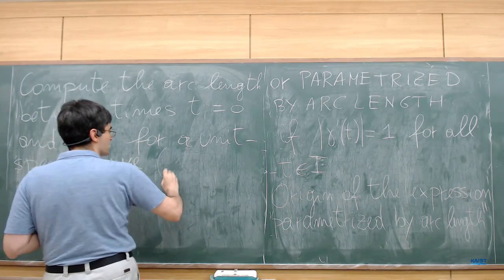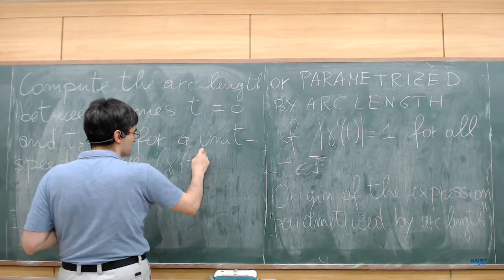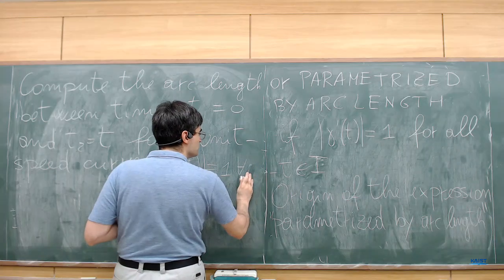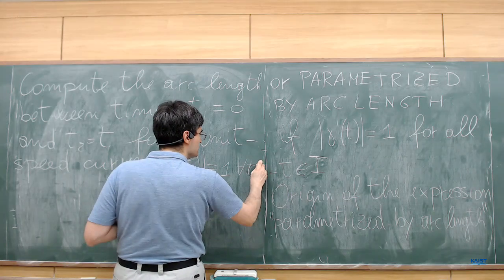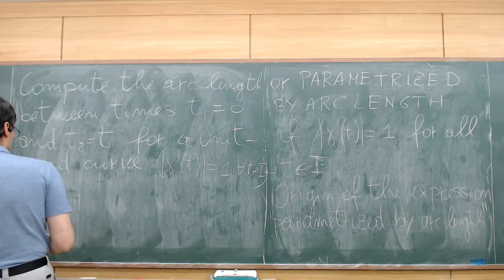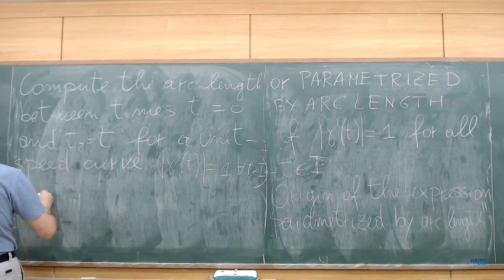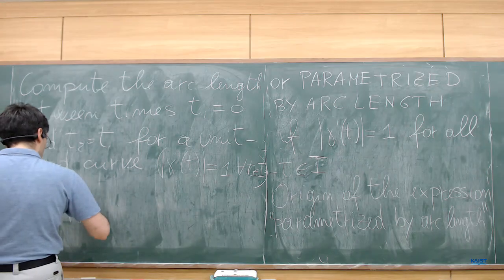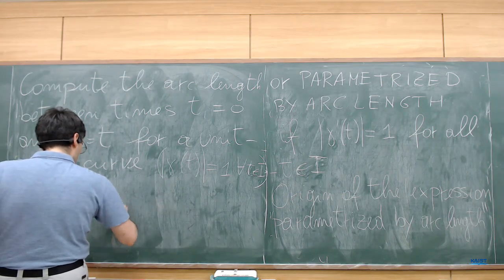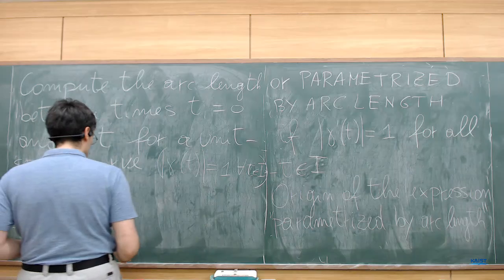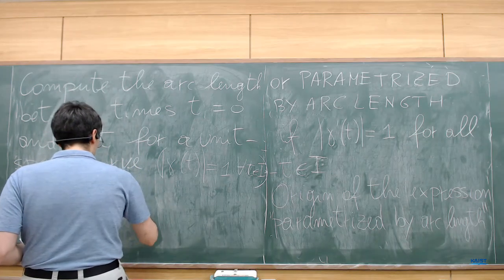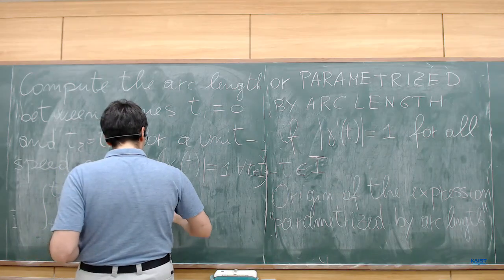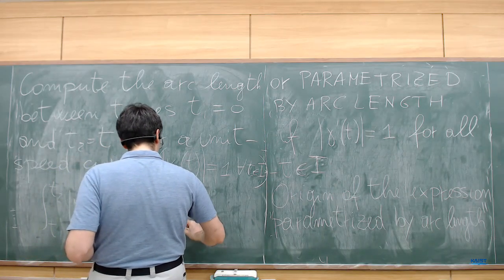This means that gamma prime of t is a vector of length 1 for any t in I. So we get the integral from 0 to t of the length of gamma prime of tau d tau.